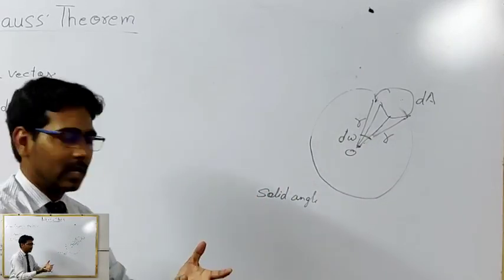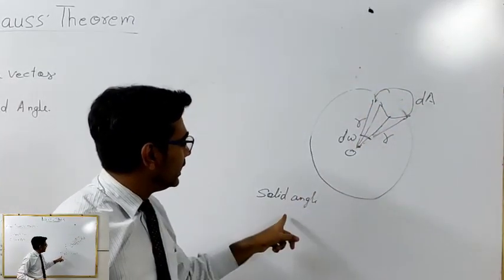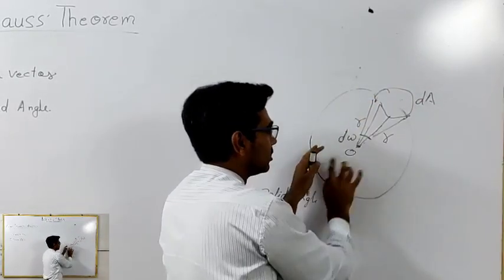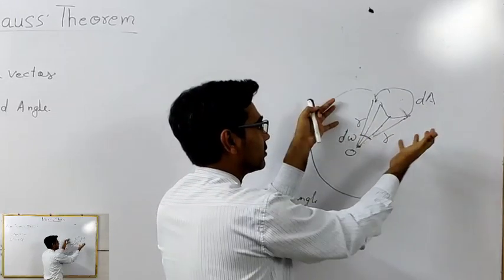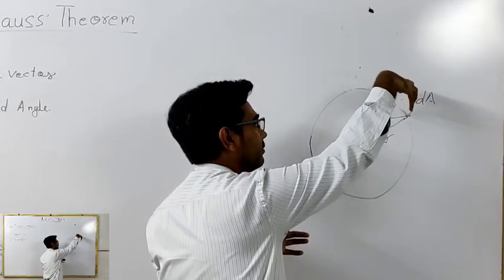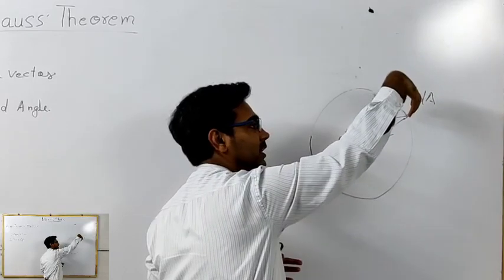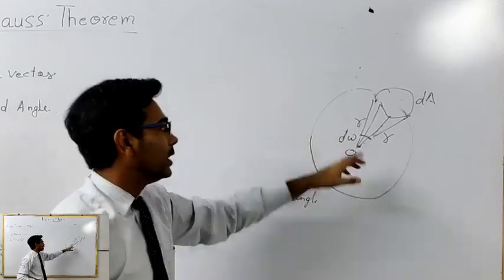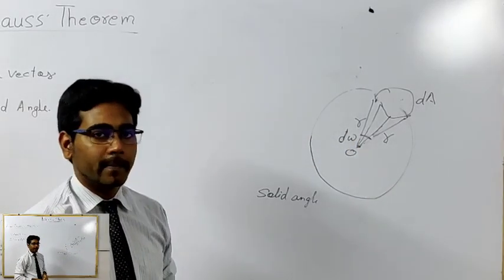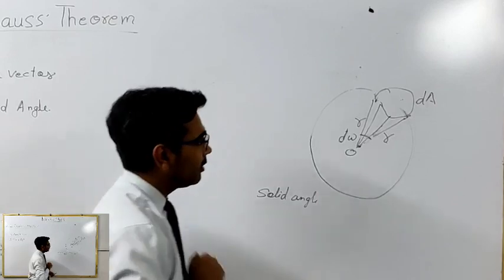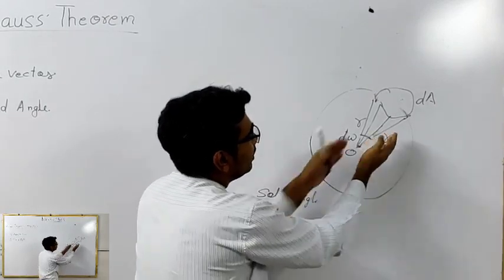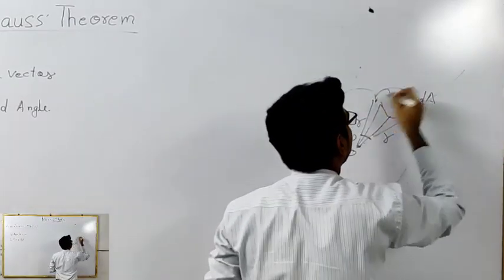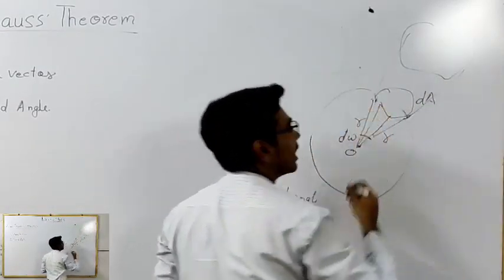When we take a sphere and a spherical surface, we deal with a solid angle. We have connected those lines to the center O and are getting a solid angle d omega. Now if we increase this radius like this, we'll get a bigger area.